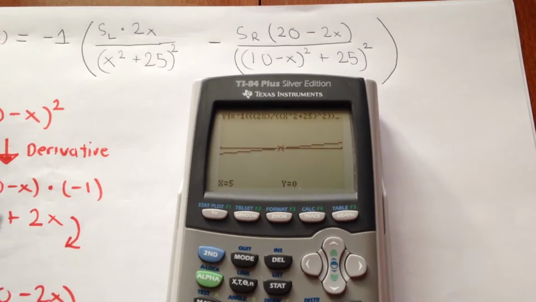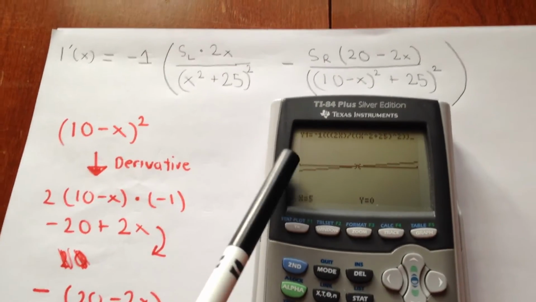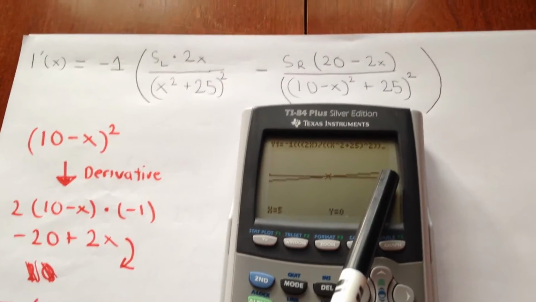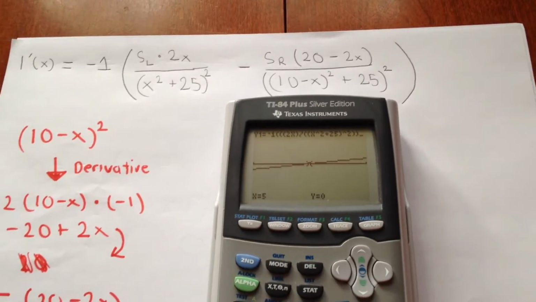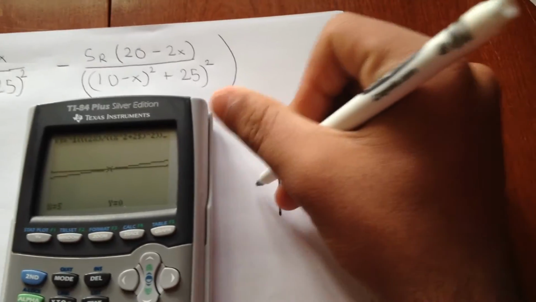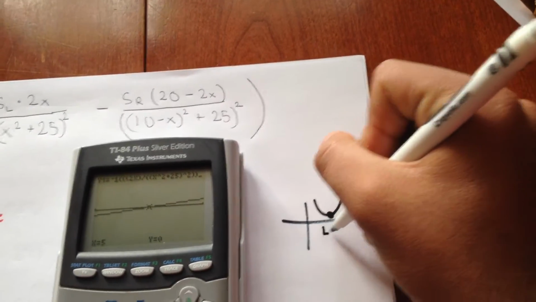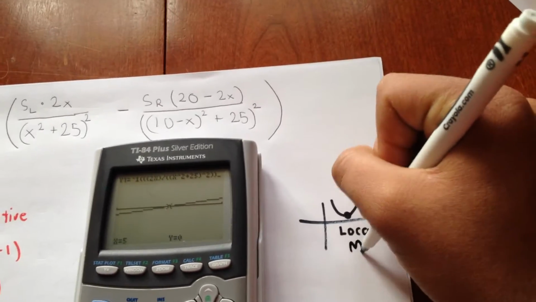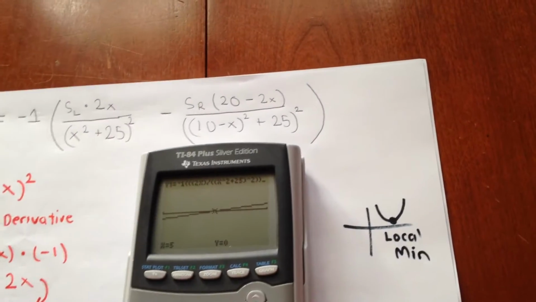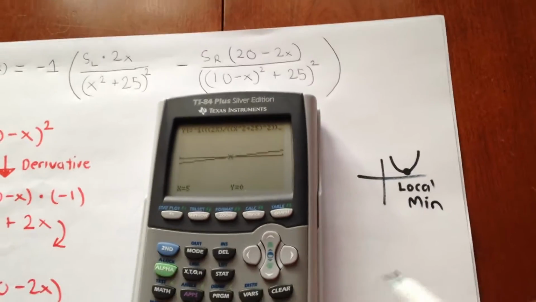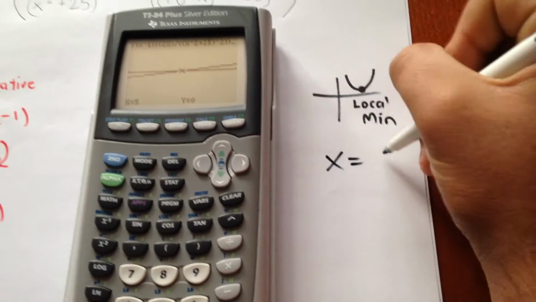And because our derivative is going from negative to positive at x equals 5, we know that on the real graph, it appears to be something like this. And that is a local min, which means that the intensity is minimized at x equals 5 meters.